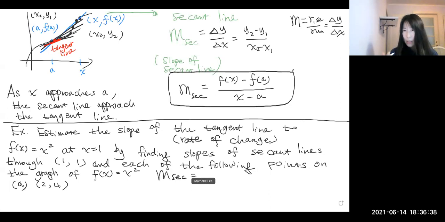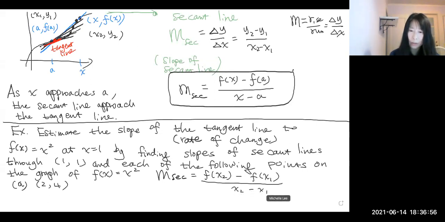So change in y over change in x, right? So let us make it (x2 minus x sub 1) over (x2 minus x1). Okay, how about that?